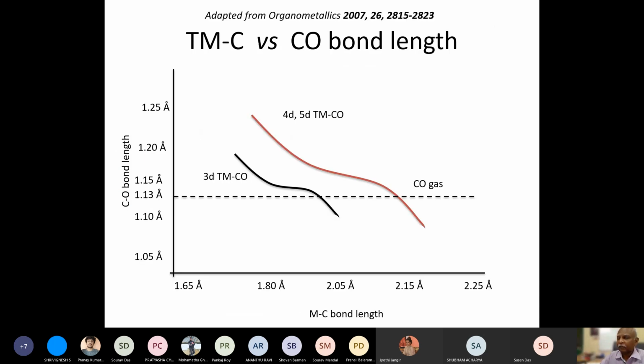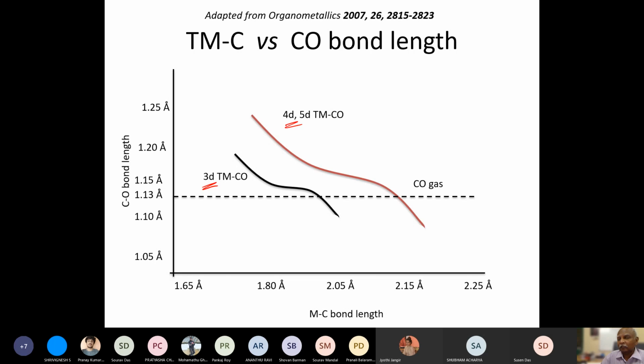Not only that, if I take a 3D element, the bond distances are shorter. Metal carbon bond distances are shorter. So this graph gives you the relationship between 3D and 4D. It turns out that after 4D, the 5D transition element size is not going to be very different from the 4D.